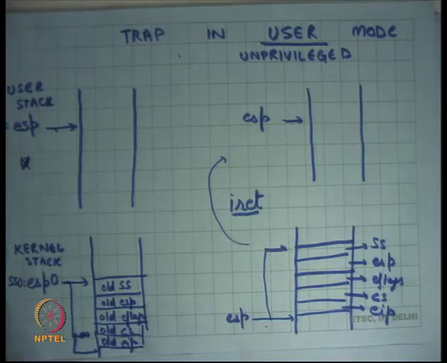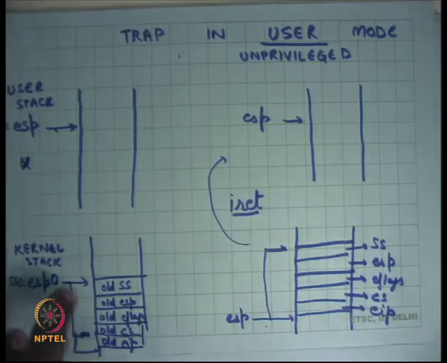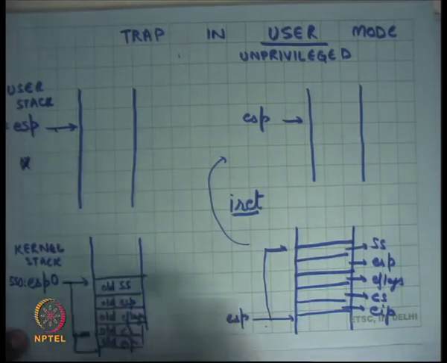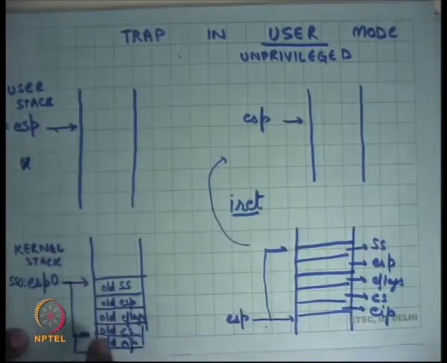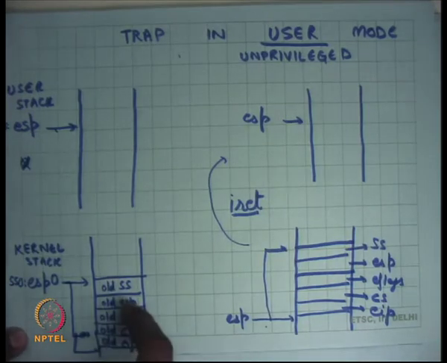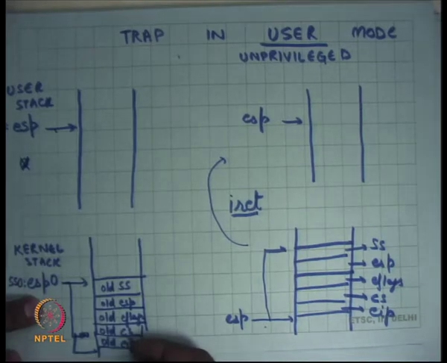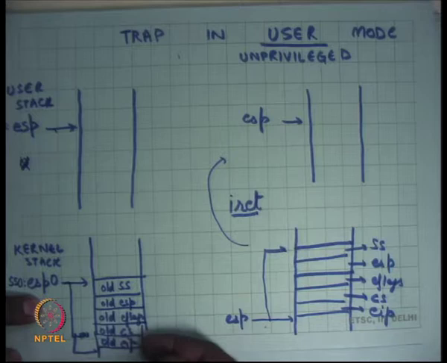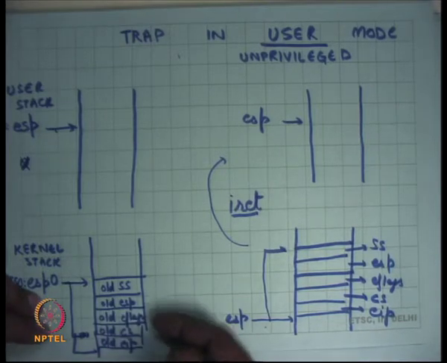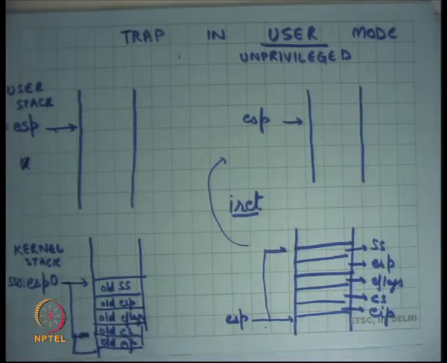So between the entry and the return, the interrupt handler could potentially modify these values, for whatever reason. Typically it will not modify these values, but sometimes it may. One example is when you want to set up the first process, or when you implement the fork system call. So what happens in a fork system call?